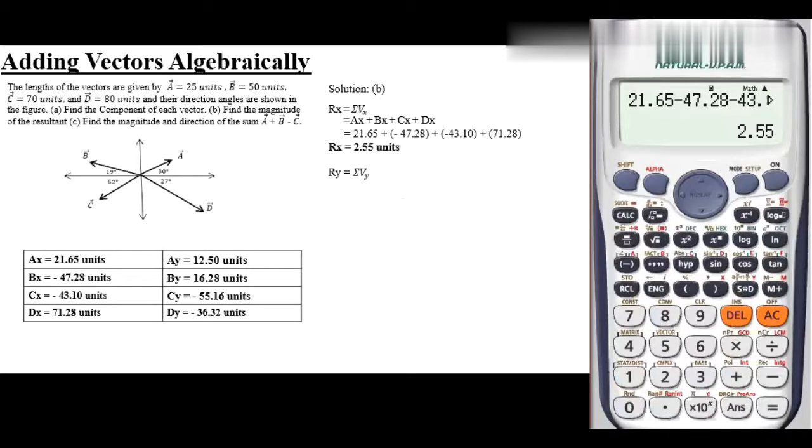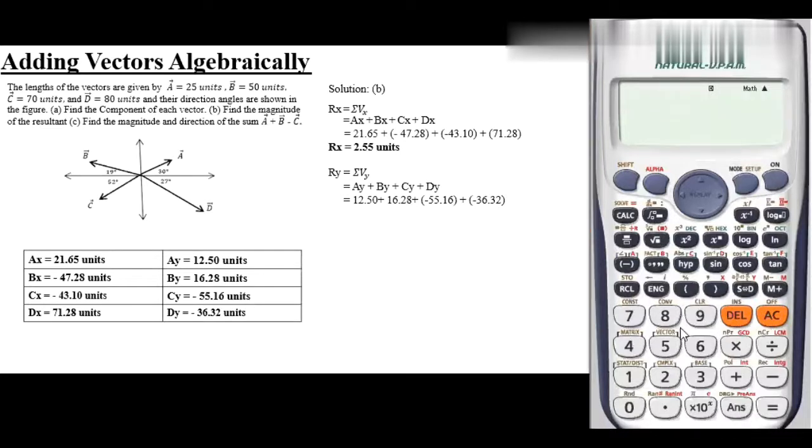That is Ry is equal to the summation of vectors along the y-axis. That is Ay plus By plus Cy plus Dy. Okay? Plug in the values. We have 12.50 for Ay plus 16.28 for By plus negative 55.16 for Cy plus negative 36.32 for Dy.